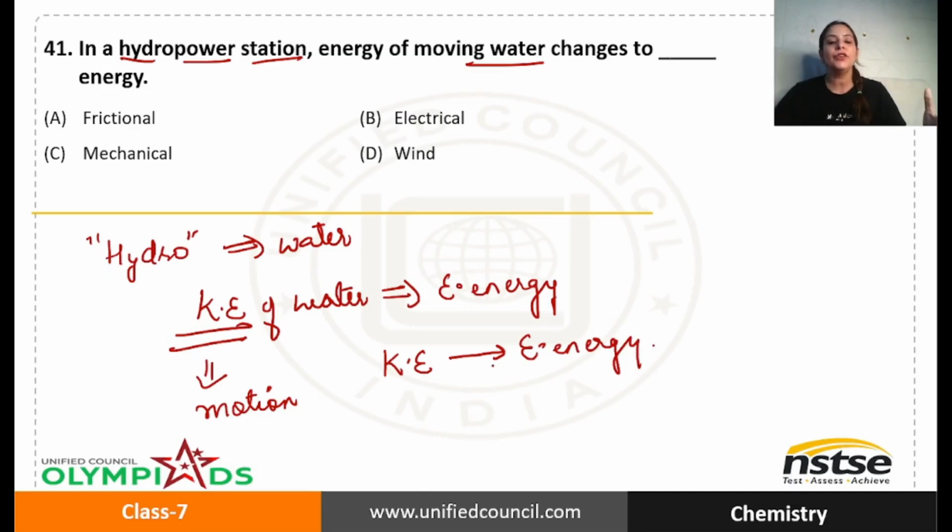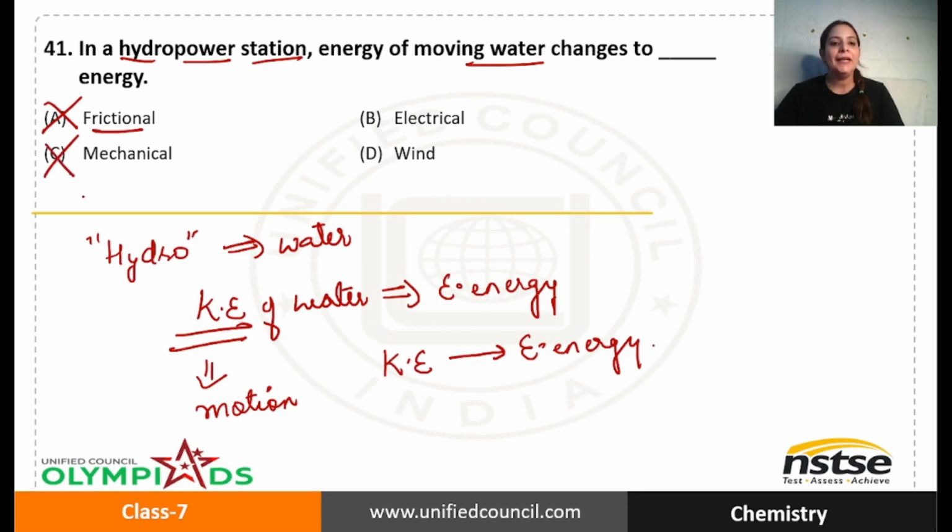And this electric energy is supplied by the main electric station to all the homes in the city. So basically here the question says that energy of moving water changes to dash energy. It cannot be frictional, because friction comes into notice when two bodies are in direct contact with each other, or when one body tries to move over another body.